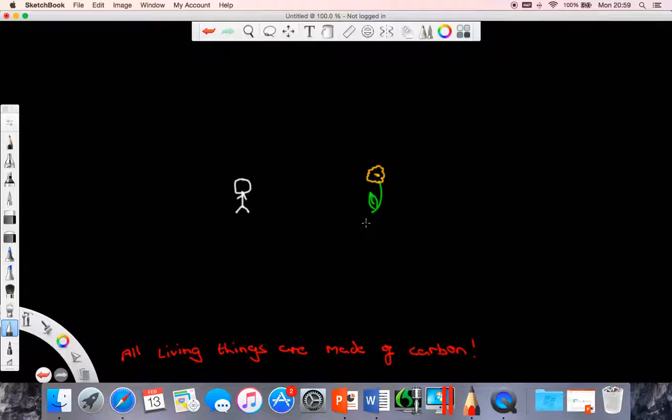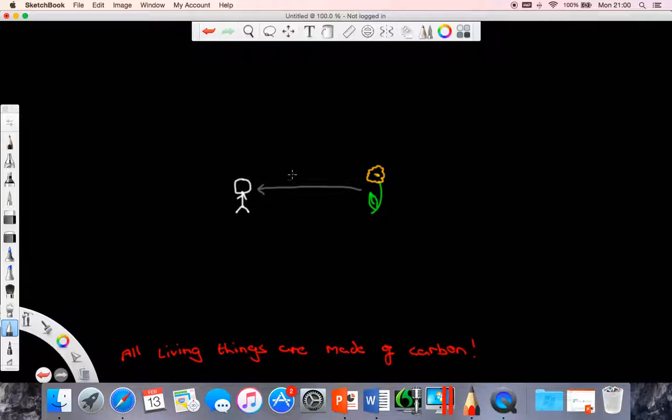So plants and animals are both made up of carbon. Now this carbon is certainly moved from the plant to the human when we eat them. When we eat plants, we take in their carbon. The carbon from the plant goes into us, okay?